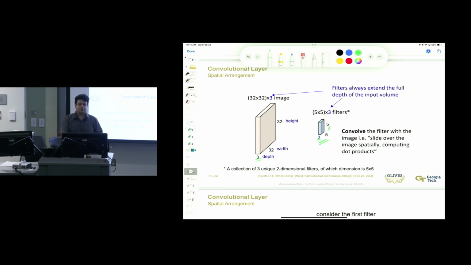Instead of looking at it as a 2-dimensional area, we are now looking at it as a 3-dimensional volume. So 5 cross 5 cross 3. The idea is that we slide the filter over the image spatially, computing these dot products. Everything we have done is basically a bunch of dot products, which is just multiplying the elements and adding those values in order to get your output, right?